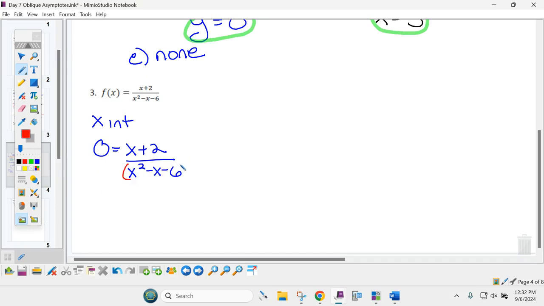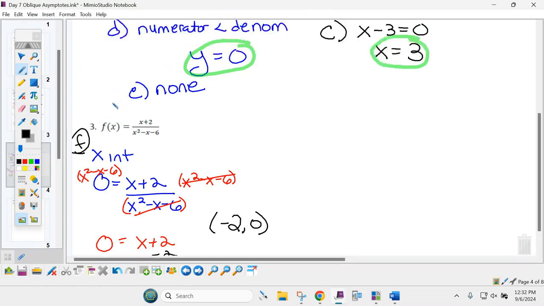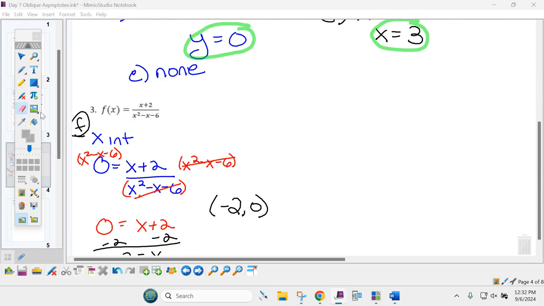I'm going to multiply both sides by the denominator. Zero times anything is 0. So the x-intercept is the point -2, 0. This was part F. Was F x-intercept? Nope, that's part G. Sorry, I did them backwards.